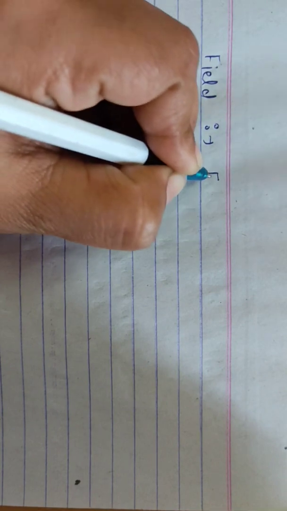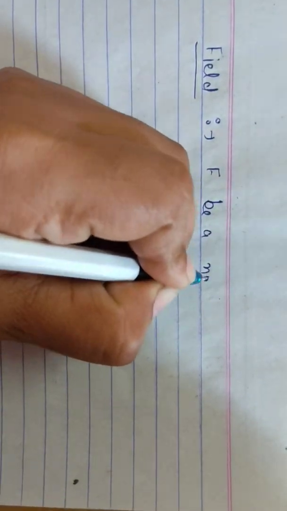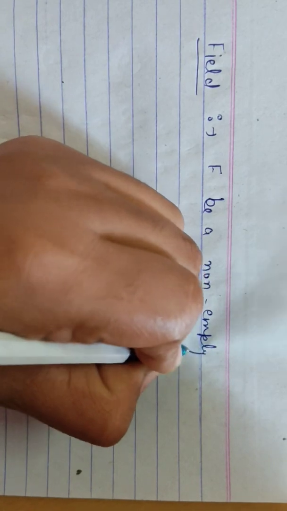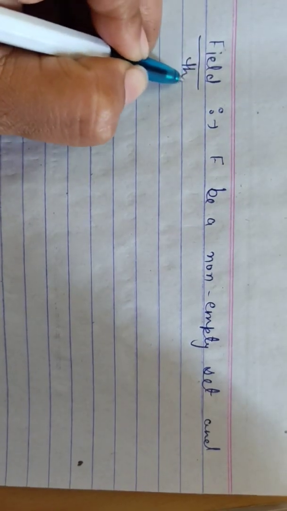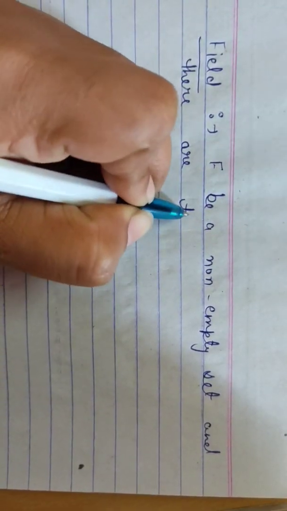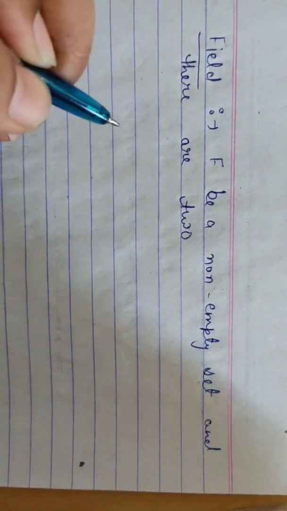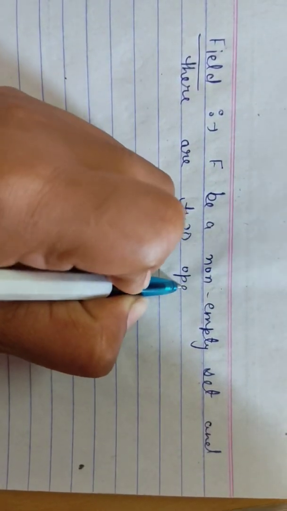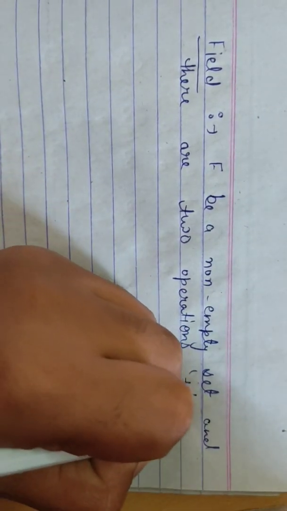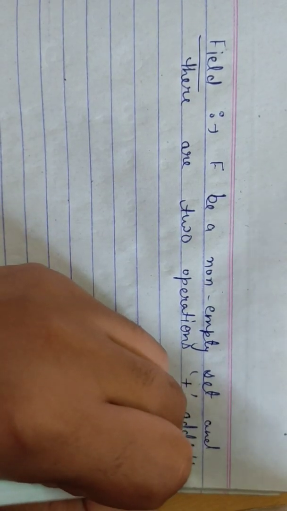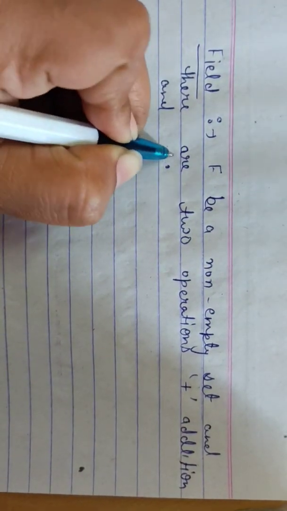We will study the definition of a field. What is a field? Let F be a non-empty set and there are two binary operations, minimum two binary operations here: plus (addition) and multiplication (dot).